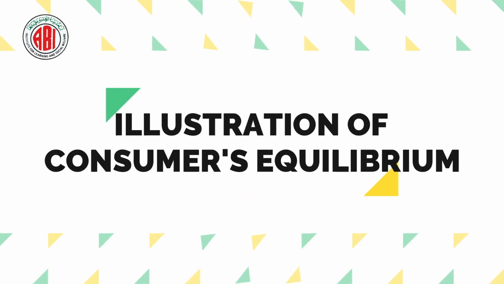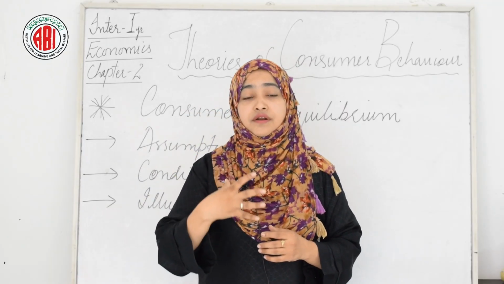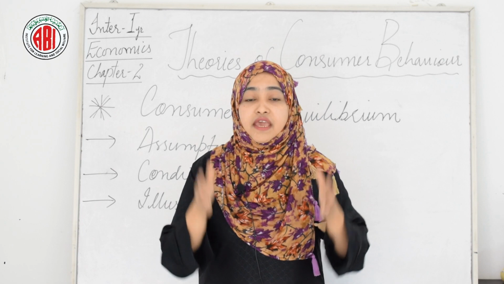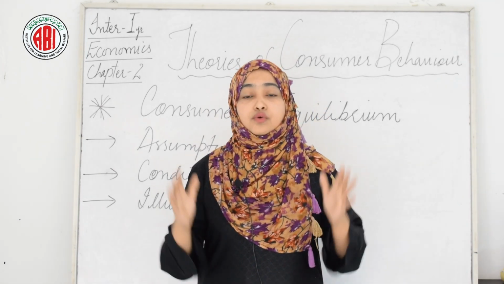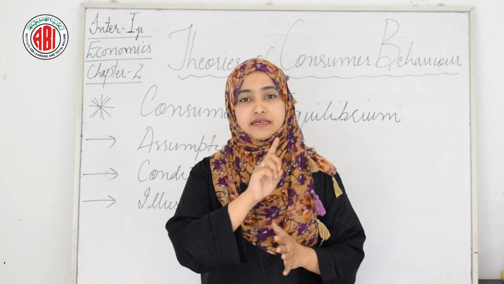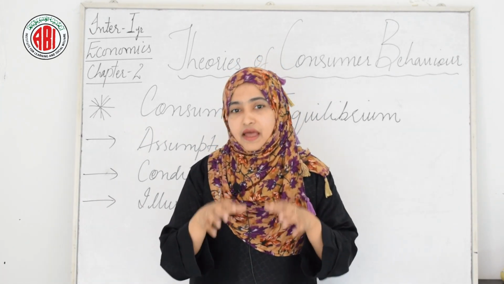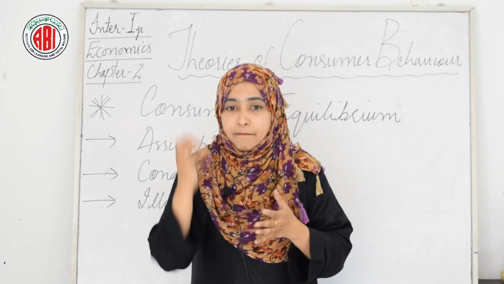Now we will see the illustration of the consumer's equilibrium. In order to explain how the consumer reaches equilibrium, we have to bring together the two tools of IC analysis that we have discussed just before, namely the indifference map as well as the price line or budget line.